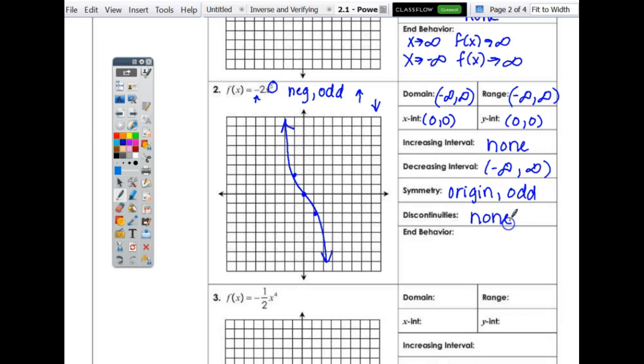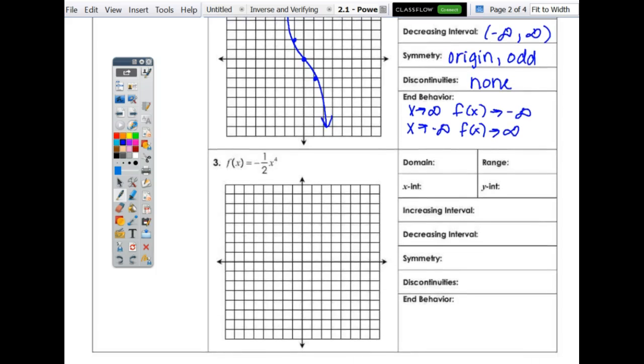There's no discontinuities. And as x approaches infinity, my y's approach negative infinity. They go down. As x approaches negative infinity, my y's approach infinity.